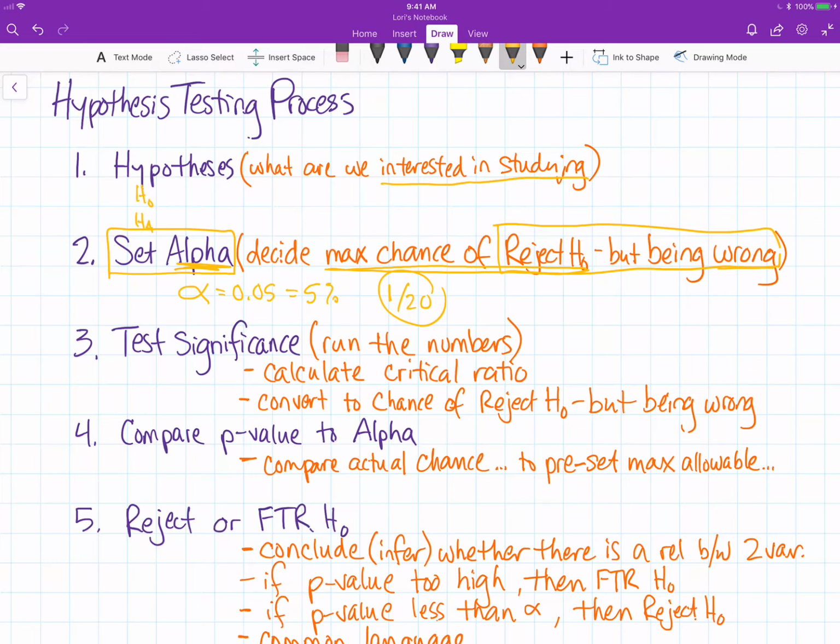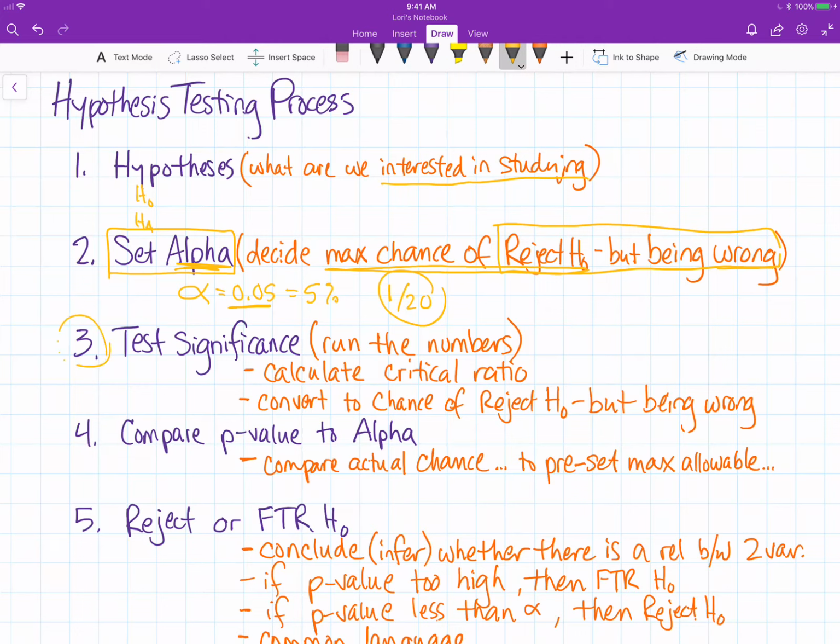So we decide our alpha before we even do our test, and then we have that already decided. Now it's possible to set alpha at a different level, and we'll talk about that later. This is just a very generally accepted alpha. We could set alpha at a different number. It's not automatically 0.05, but it usually is. If you were to set it at a different level, you would probably want to explain why. So alpha at 0.05 is pretty standard.